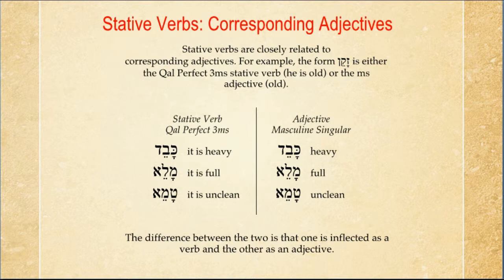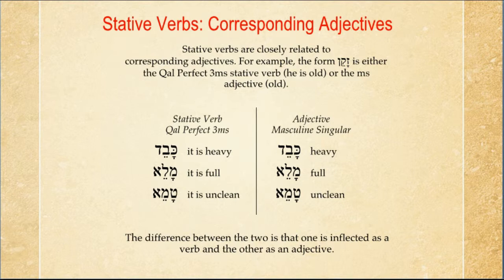I don't know. So look at kaved. Kaved could be a stative verb, Qal perfect third masculine singular, meaning being heavy. Or you could have that as a masculine singular adjective, spelled in the same exact way, kaved. So is it a verb in Qal perfect, or is it an adjective? The difference between the two is that one is inflected as a verb and the other as an adjective.